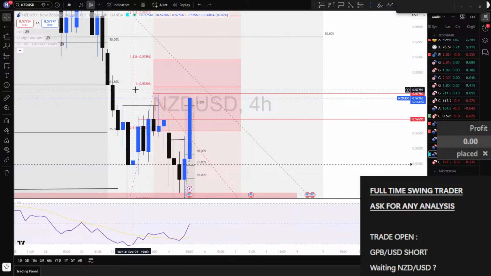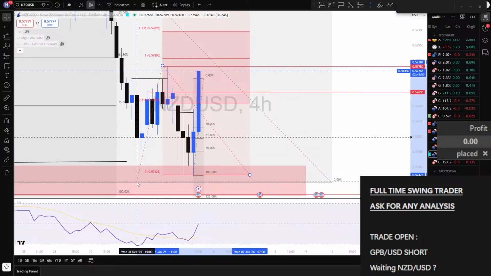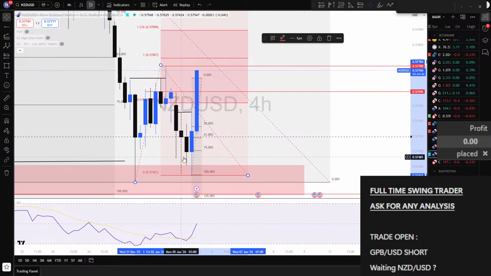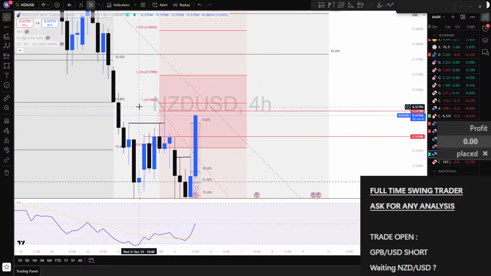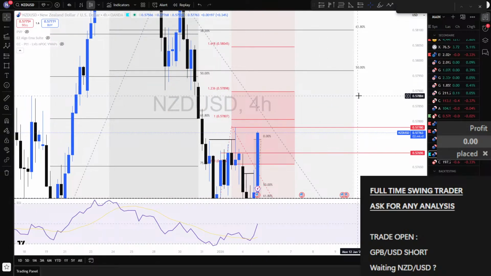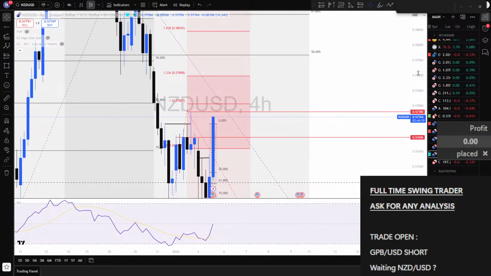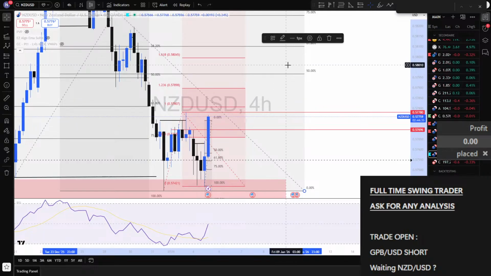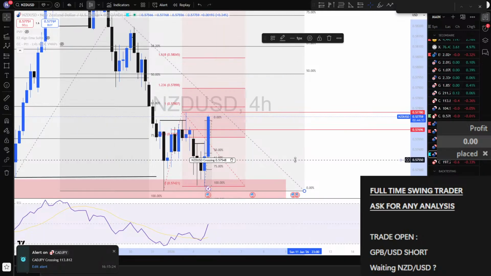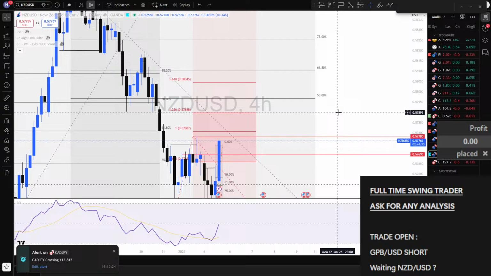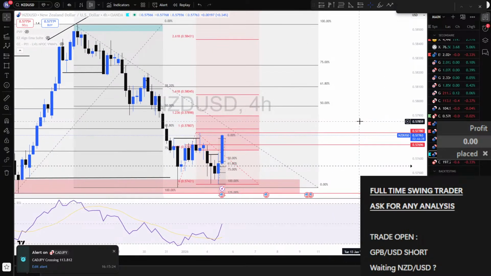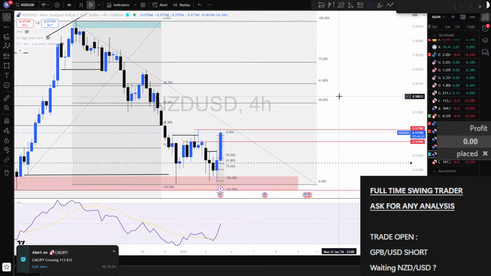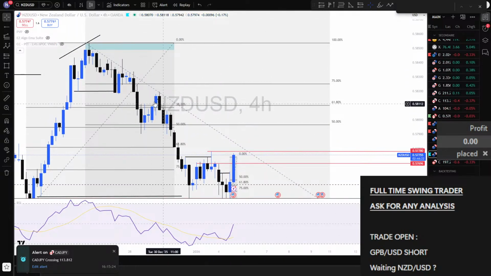At least if you have your 3R ratio, take your TP also. And after that, if you want to be a bit more greedy, target the 50% FIBO of the whole leg, as it's probably going to correct a bit. Put your TP there.